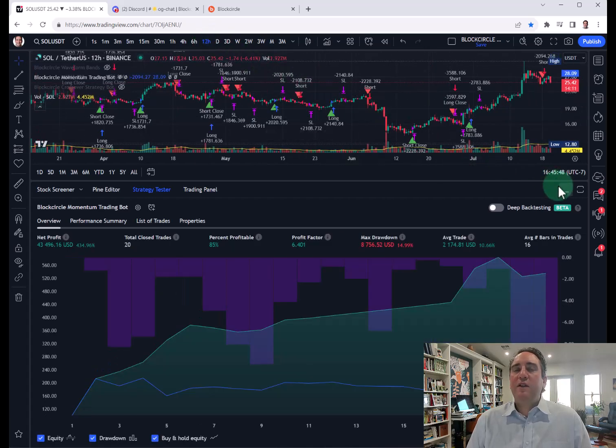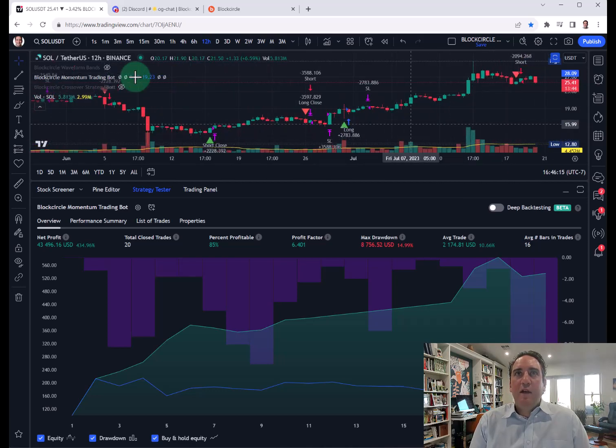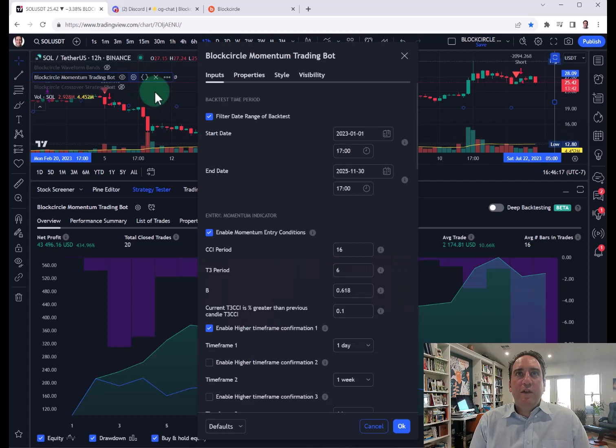So what this strategy is doing is it's trying to calculate and identify momentum of any one particular asset based upon the configurations that you've set. So what this means is that it's using multiple conditions that have to pass before a trade is issued. So what that means is that now that you have it added, it's going to tell you when you should buy, so when you should go long and when you should go short.